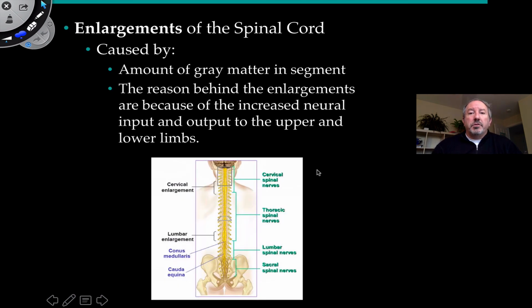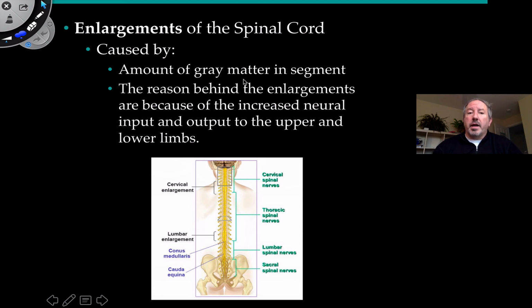Now, if you look at the spinal cord, in terms of gross anatomy, you'll notice that there are two areas where there are enlargements, where it's a little thicker. There's an area called the cervical enlargement, and an area a little bit lower, or more inferior, known as the lumbar enlargement. Those areas are a little bit thicker because they have a little bit more gray matter.